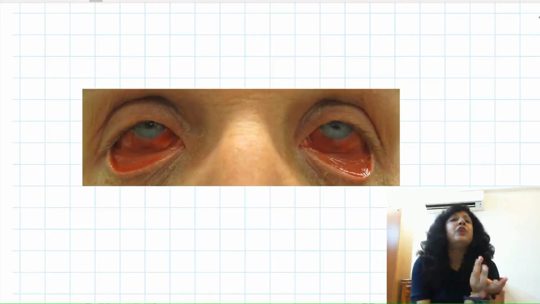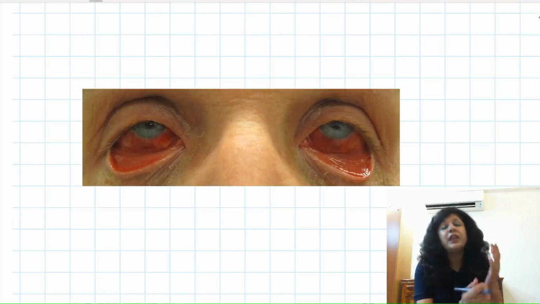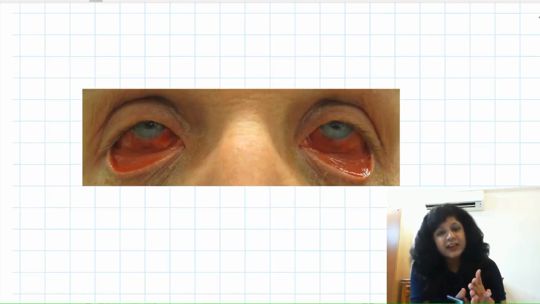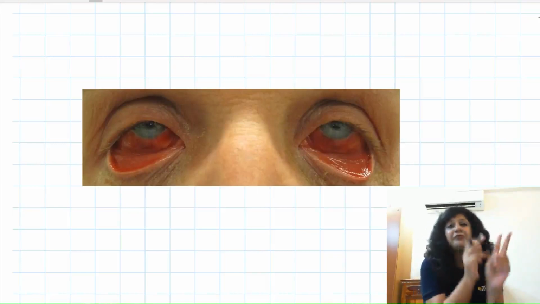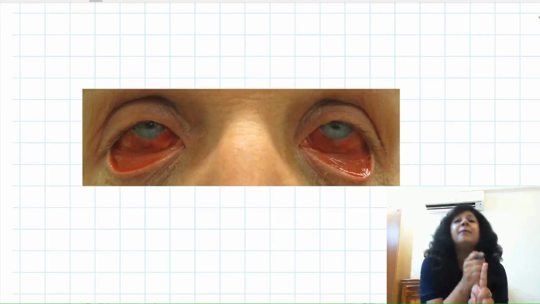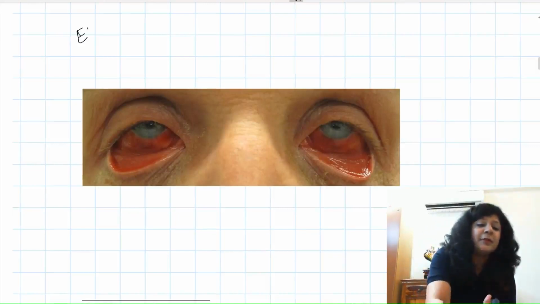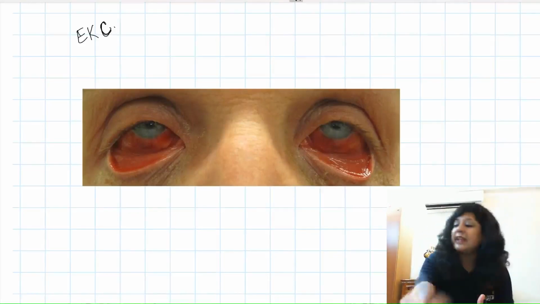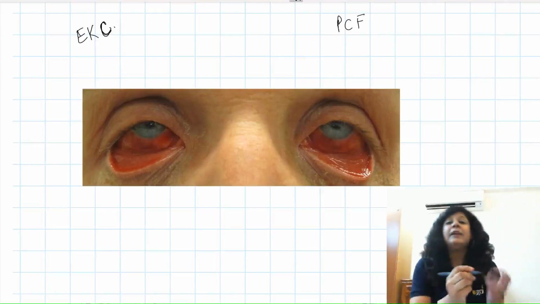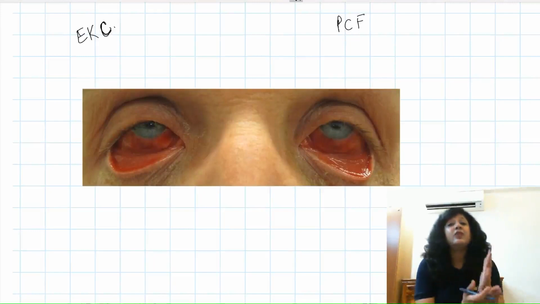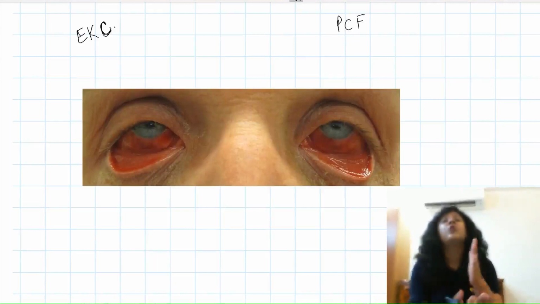So if you are getting the follicular conjunctivitis, we think of the viral conjunctivitis, or we think about the trachoma. Now, about the follicular conjunctivitis, see, I have divided into two. One is epidemic keratoconjunctivitis, and second is your pharyngoconjunctival fever. Now, epidemic means like adenovirus is very, very notorious for causing the epidemics.